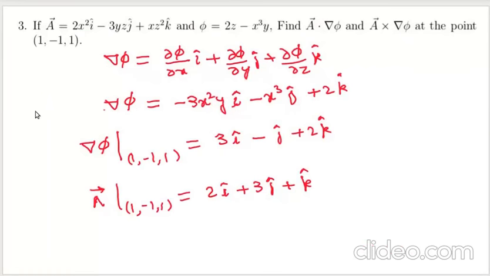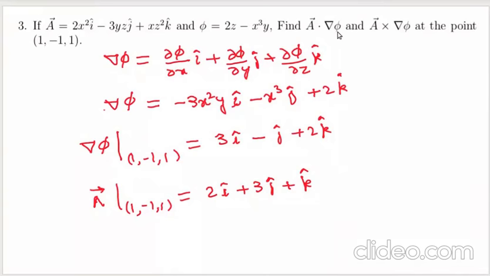The third question: the function phi is also given to you, and also a vector a is given. You have to find a dot gradient of phi and then a cross gradient of phi at a particular point 1, minus 1, 1. Firstly, let's find the gradient of this function phi.